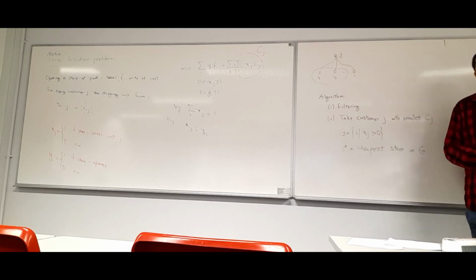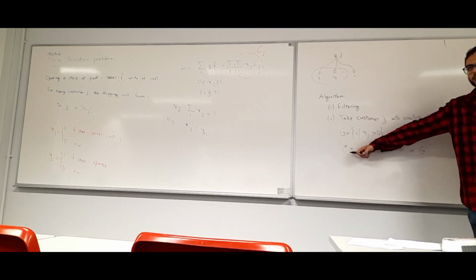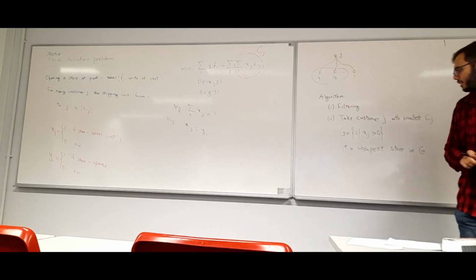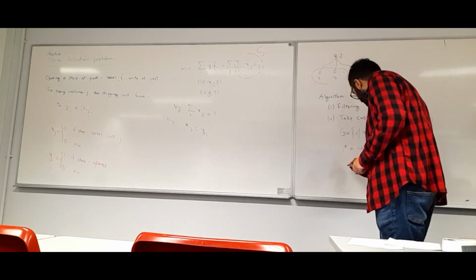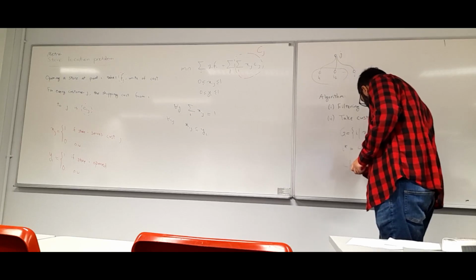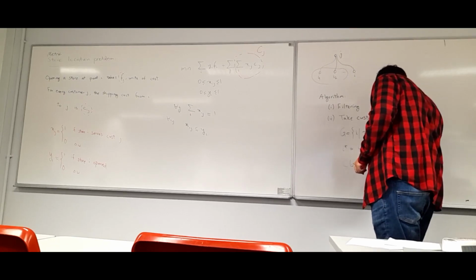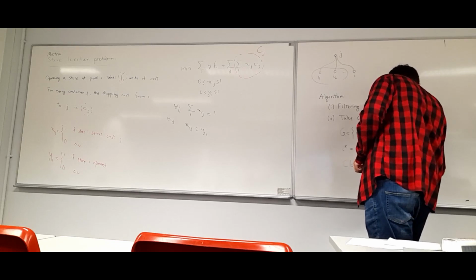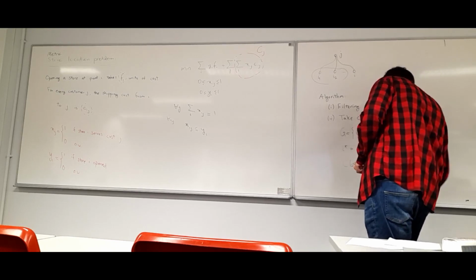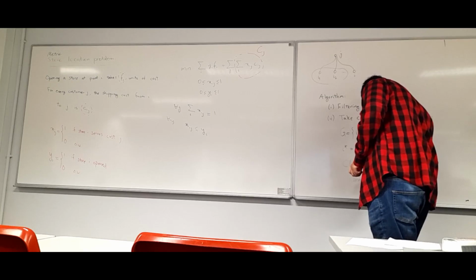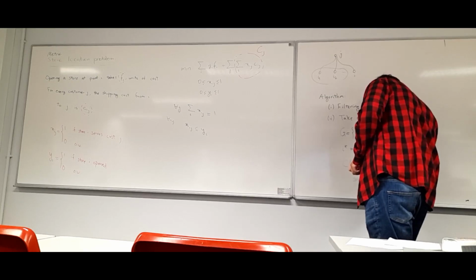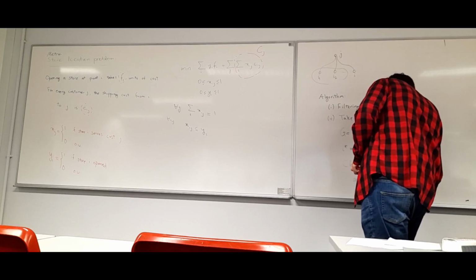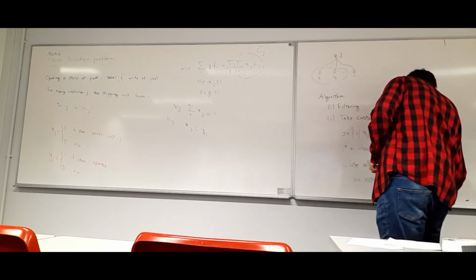Okay? Now I want to say close all the other stores in G, and any service that they were supposed to give, ask everyone to just come to this I star. Okay? So close all other stores in G and assign the customers to I star.